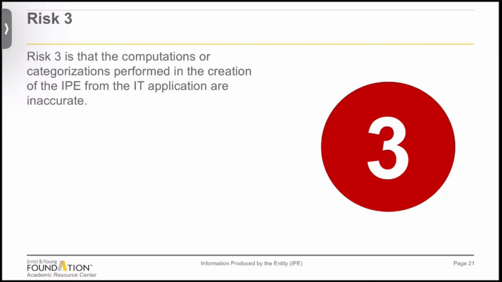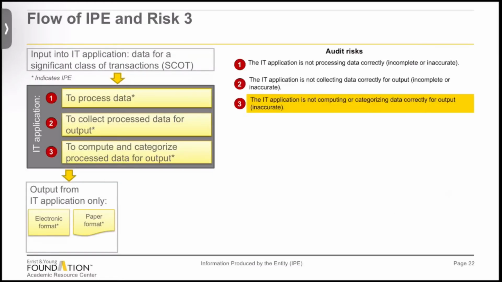Okay. The next risk is risk 3. So risk 3 is that the computations or categorizations performed in the creation of the IPE from the IT application are inaccurate. So compute and categorize process data for output.